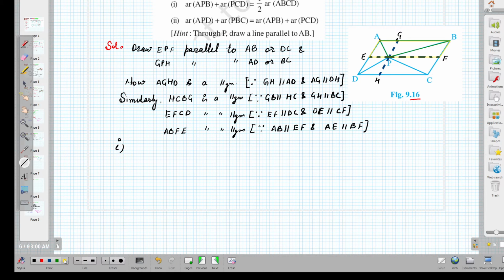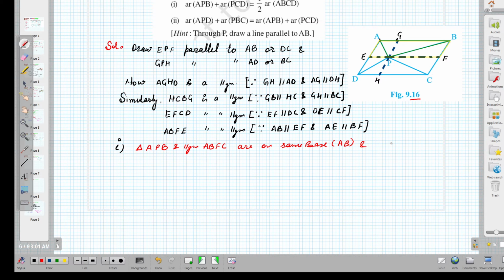Before that, what we are writing? We are writing here the triangle APB and the parallelogram, which one? The yellow one, ABFE. This is the parallelogram, are on the same base. You can write the base also AB, right?